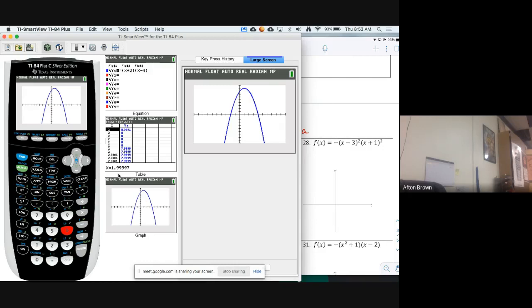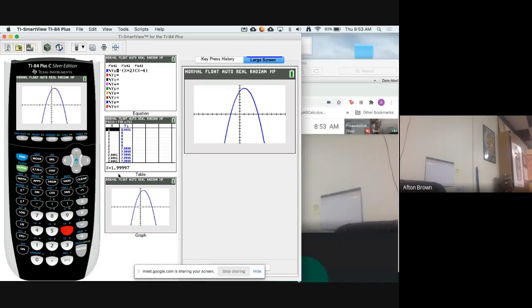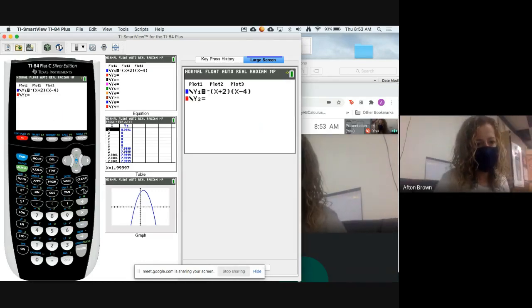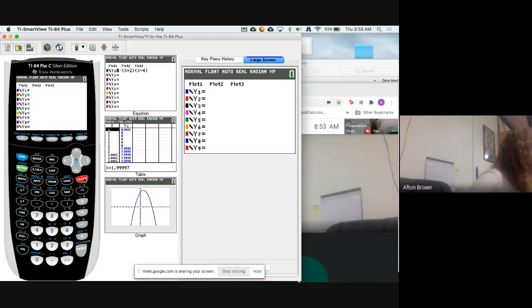Okay, so you guys have sketched 27 on your calculator? Where is it? It's about positive or negative 27. Let me catch up to you guys.